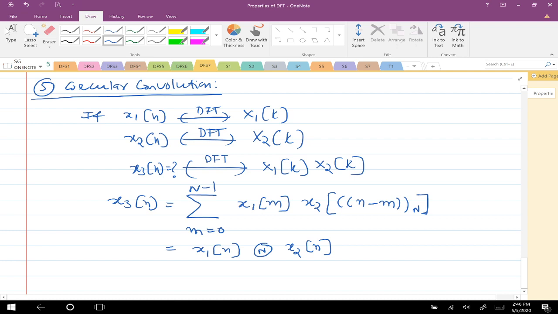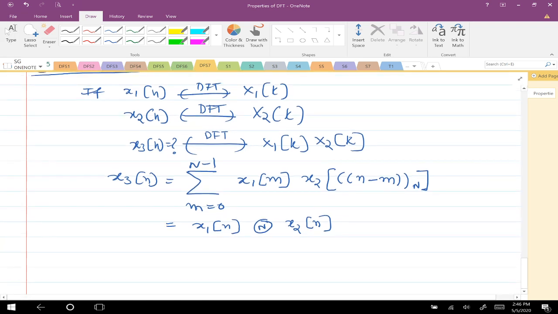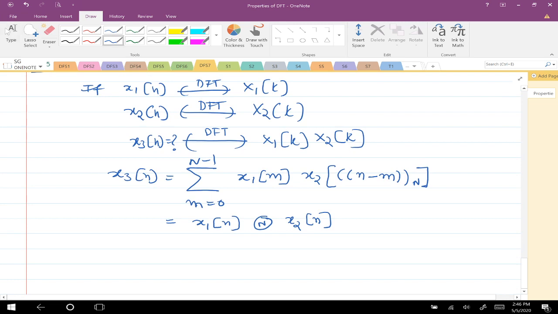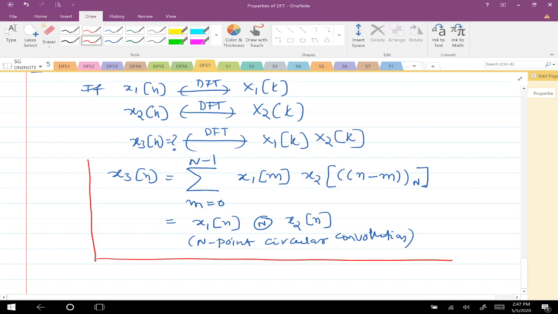This is referred to as circular convolution, N point circular convolution. So this is the third type of convolution you have been coming across in the course of DSP.